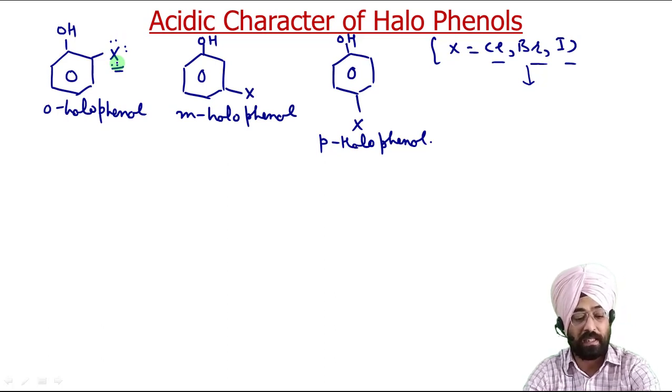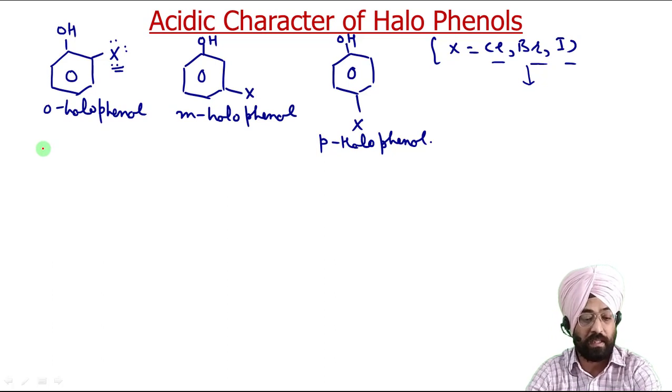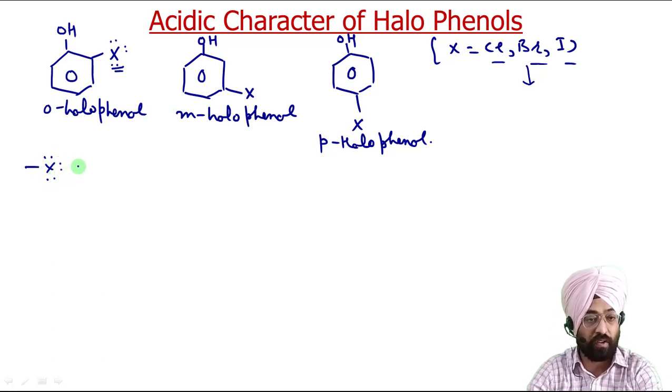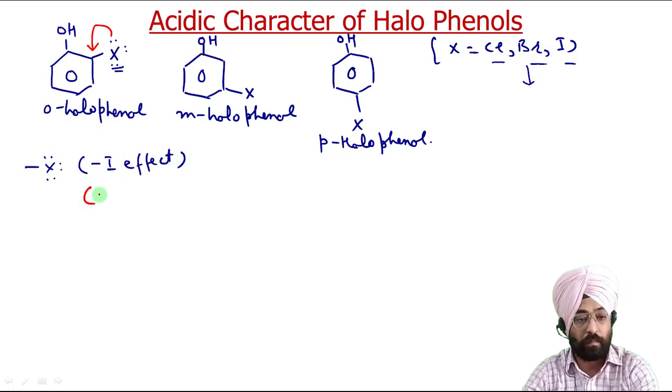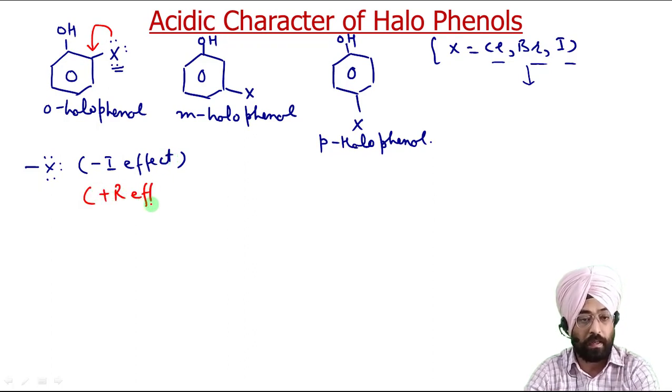Now this X has two types of effects. As X is more electronegative than carbon, it has a minus I effect. Second, it also donates electrons to the ring like this, so it also has a plus R effect.